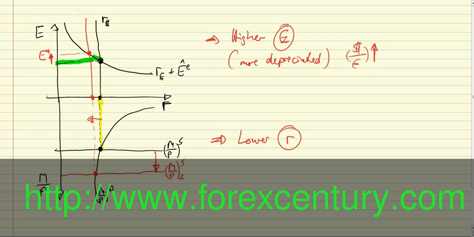More dollars need to be paid for every euro. So what has happened in the upper part of the diagram here? How do we get to the new equilibrium?